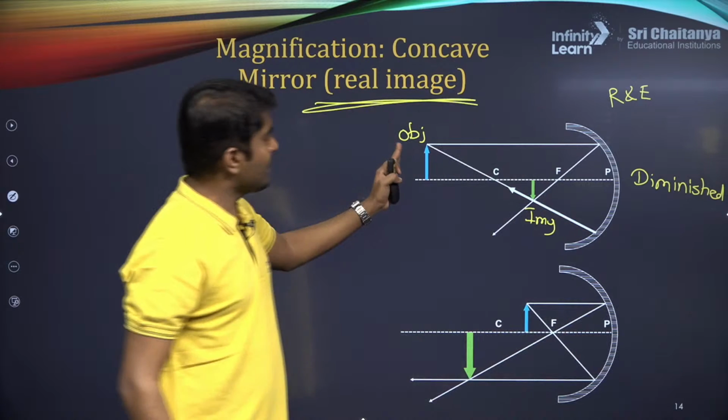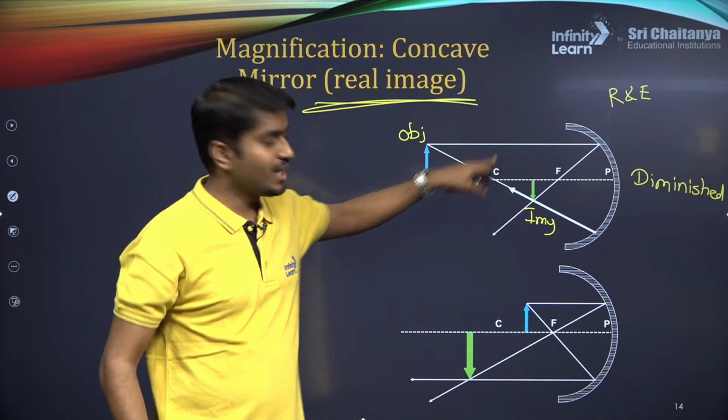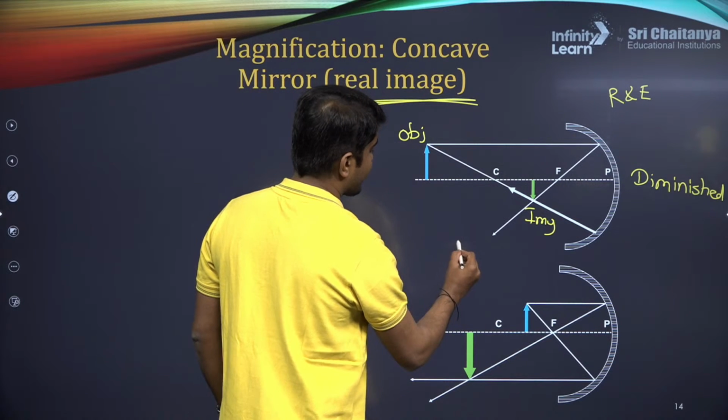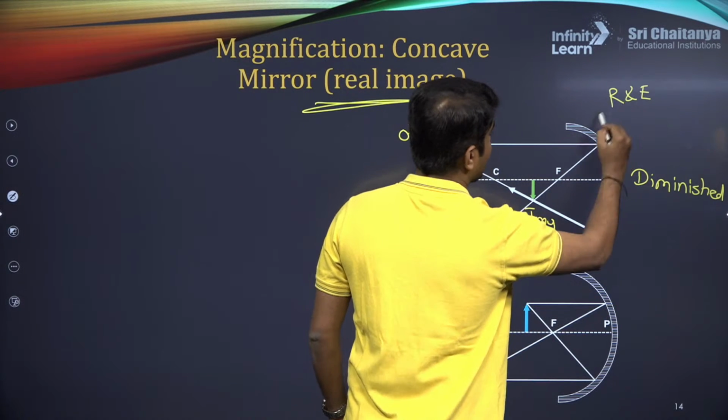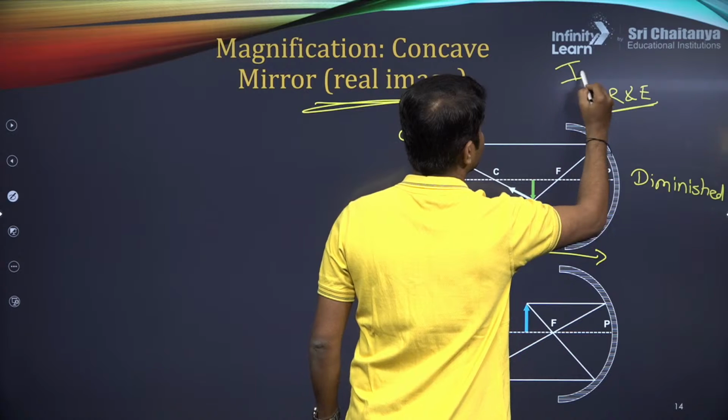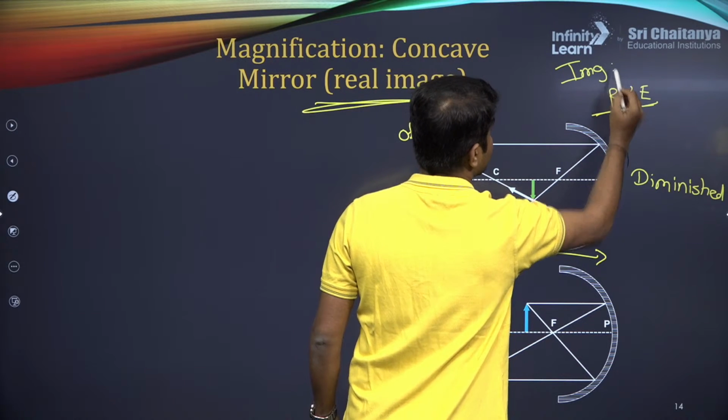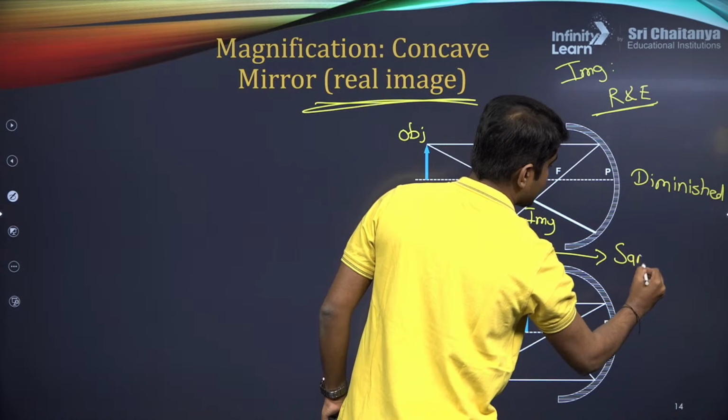Now, when you bring the object at the center of curvature, the image properties would be: the image would be the same size.